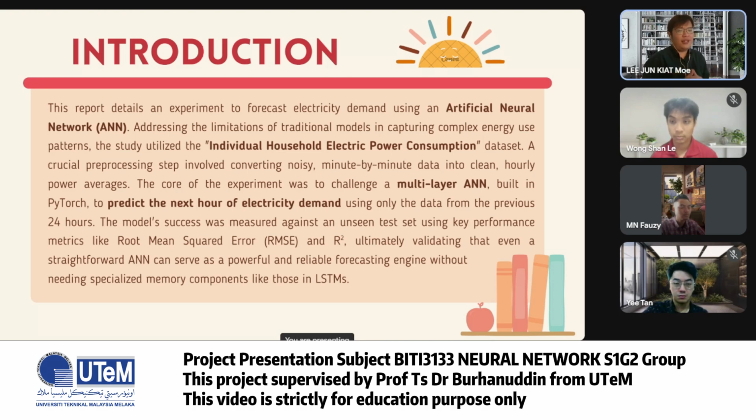And we are using a multi-layer NN, which is a 3-layer NN. The neural network model will be able to predict the next hour of electricity demand based on the previous 24-hour data only. And we are going to measure the result of the model using the RMSE and the R-square.